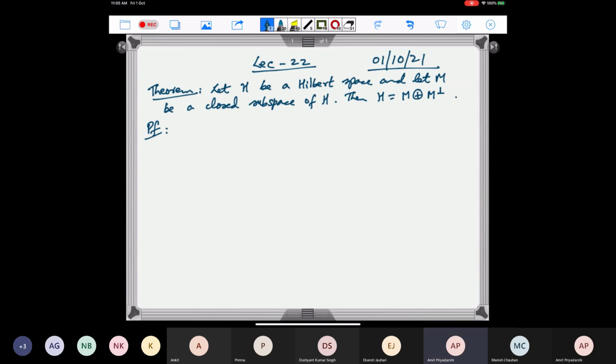So we will first see that any vector in H can be written as a sum of a vector in M and a vector in M perp. So given any x in H, one thing is that we already know that M intersection M perp is just the zero vector.